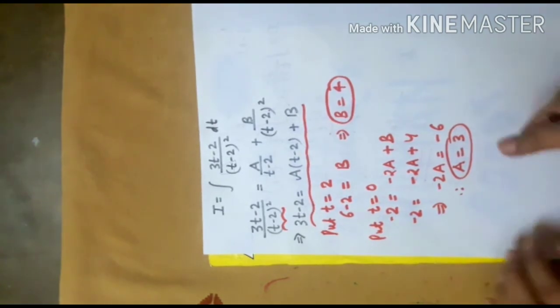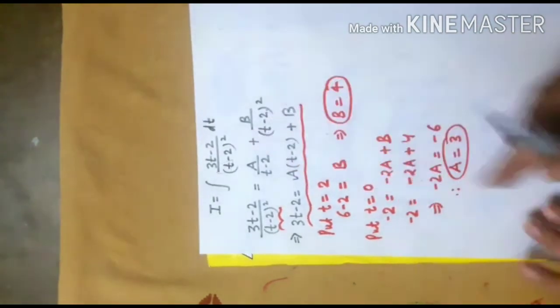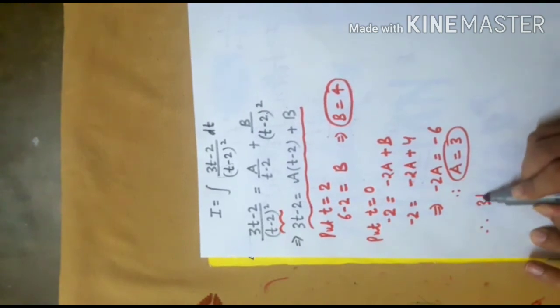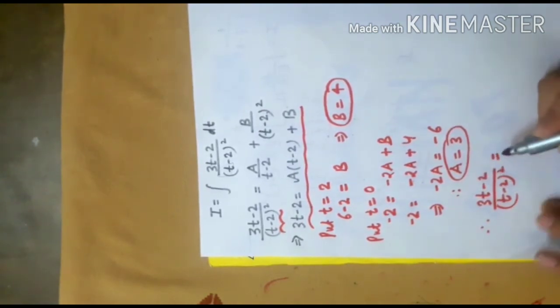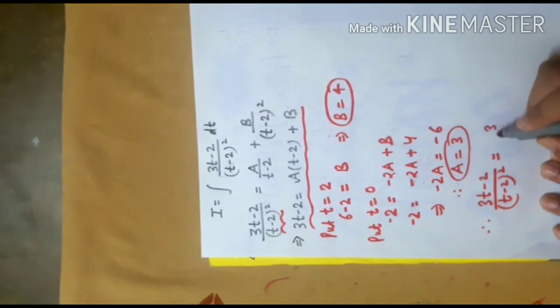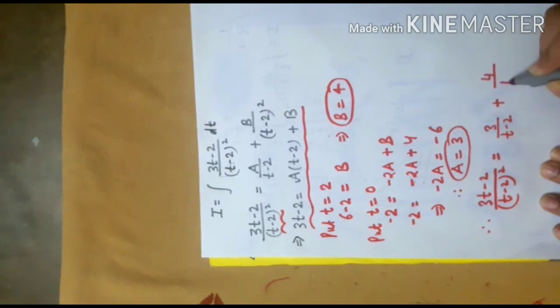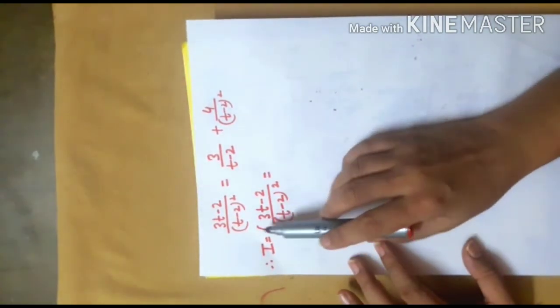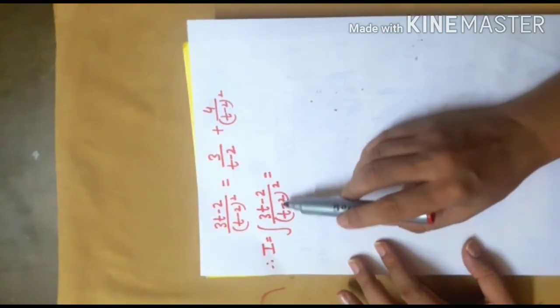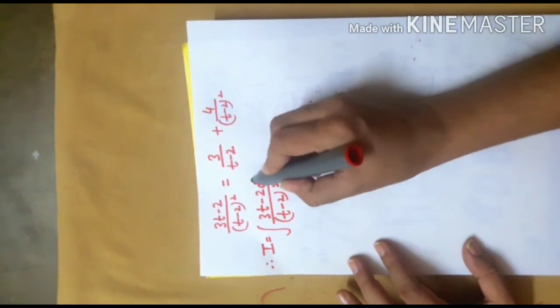Now put this value of a and b here. So therefore 3t minus 2 over t minus 2 whole squared will be equal to 3 over t minus 2 plus 4 over t minus 2 whole squared. So I will be equal to integral 3t minus 2 over t minus 2 whole squared dt.